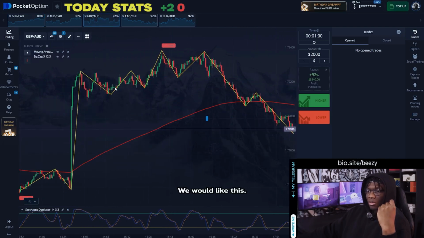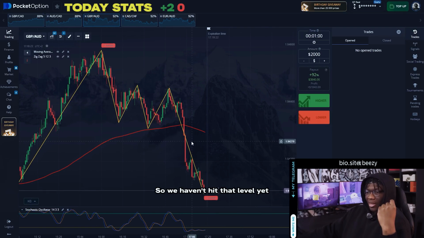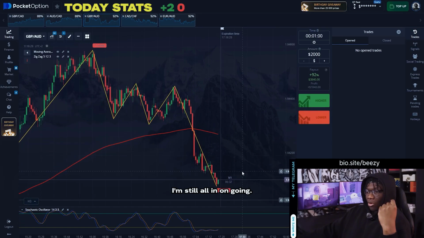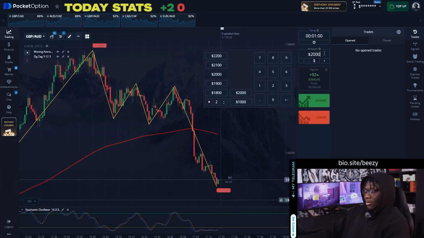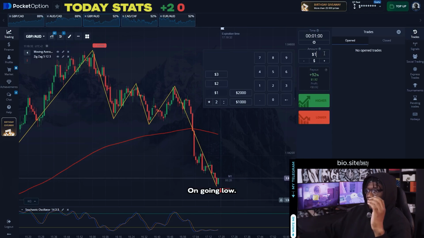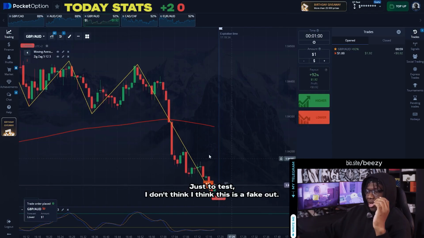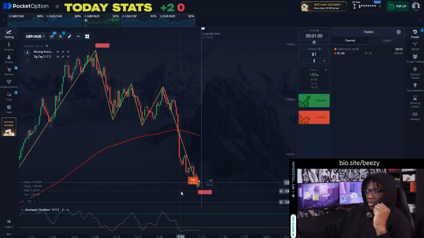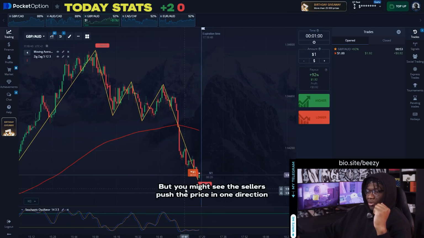Wait, not there. We haven't hit that level yet at all. I'm still all in on going low, just to test. I think this is a fake out, but you might see the sellers push the price in one direction.